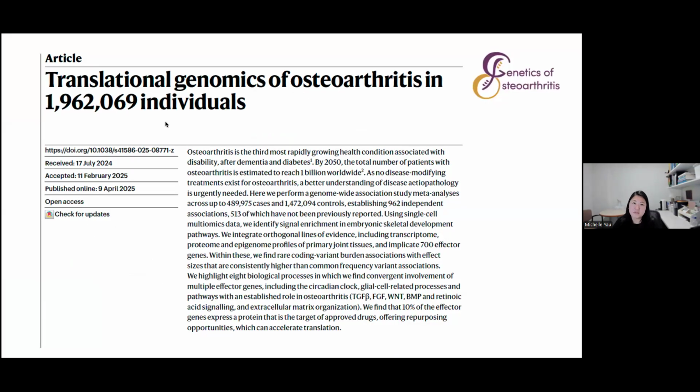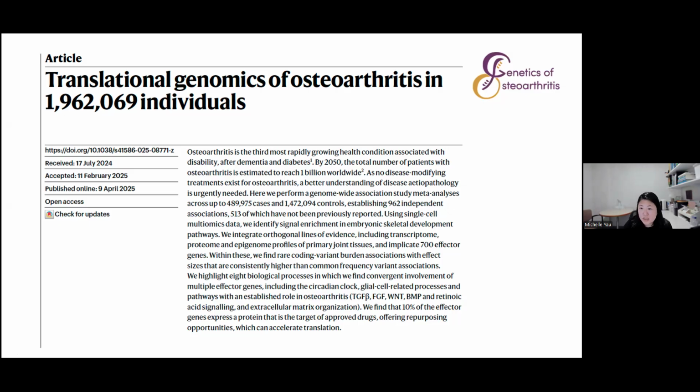Okay. So now fast forward a few more years, we contributed OAI data to the largest effort to date, looking at genetics of OA as part of the Genetics of OA Consortium. And so this effort identified almost 1,000 loci now associated with OA, of which about half of them were novel.